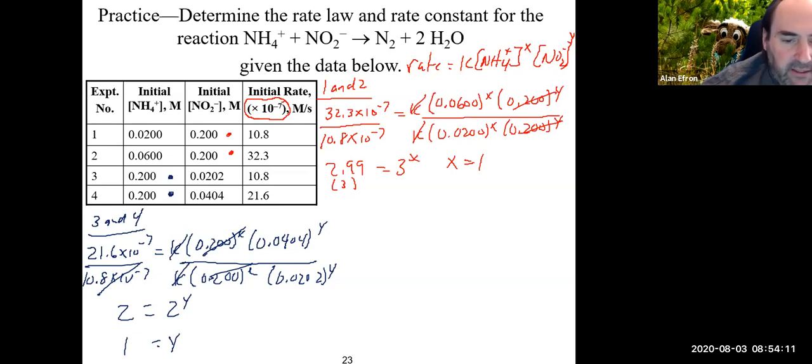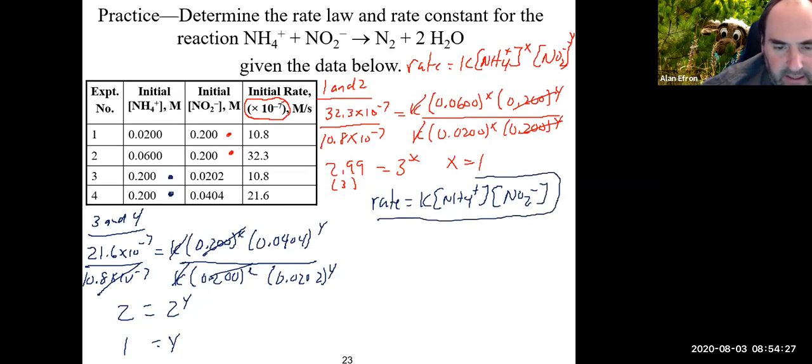That means that our completed rate law would be the rate equals K NH4 plus to the first power and our NO2 minus also to the first power. And again, you don't need to write the 1s there. It's just implied.